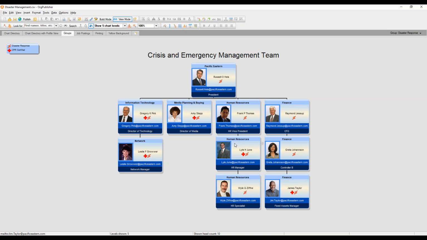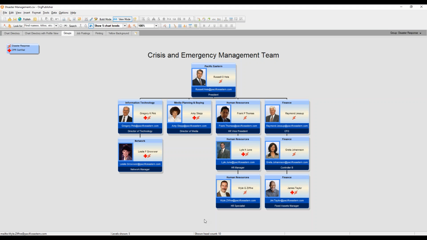Well, here's Frank, he's Vice President of HR, and there's a few people there. So it's very quick to see and ensure that we do have a team, we do have all our positions covered or all our bases covered. And if we don't, well, we can identify who we need so that we've got a full team and a strong team. So look, just a couple of stories that the organisation charts can tell.